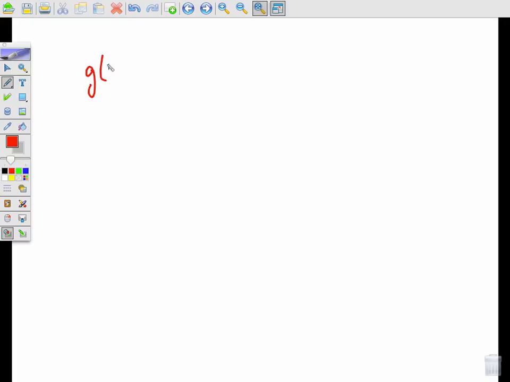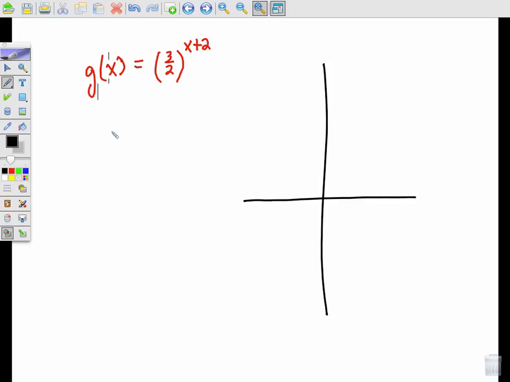All right, now let's look at letter C, which is g(x) = (3/2)^(x+2). That x and the plus 2 is all up here in the exponent. Let's just see what that plus 2 is going to give us, what kind of relationship.